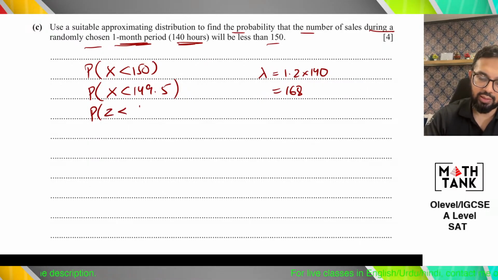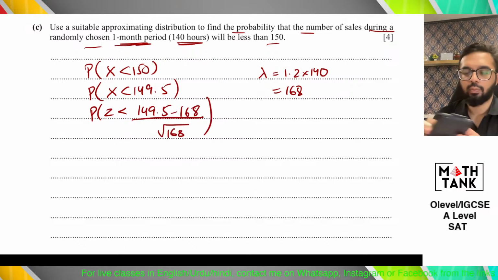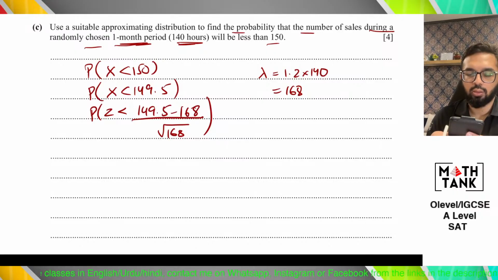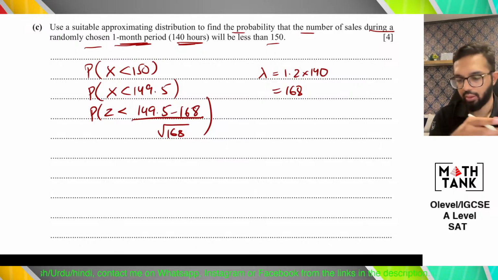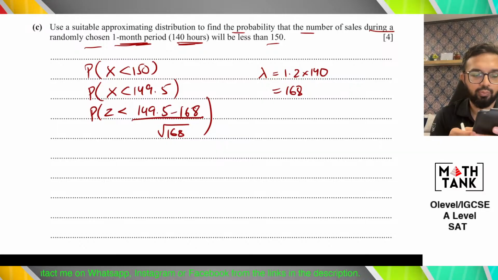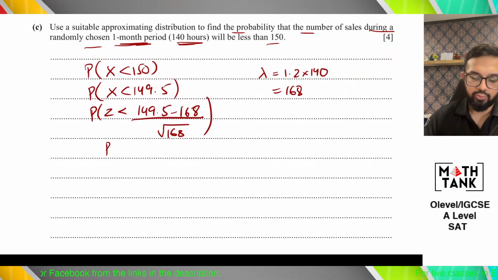So z less than 149.5 minus 168 over root of 168. Z is less than minus 1.427.